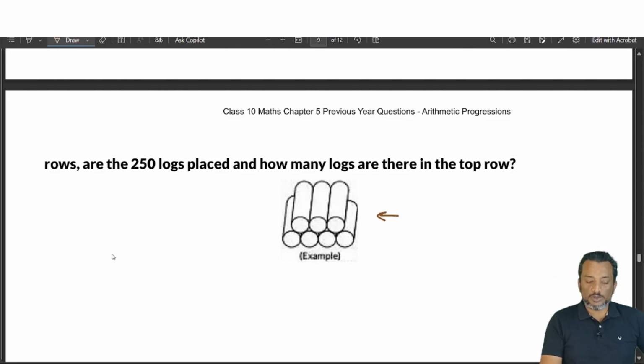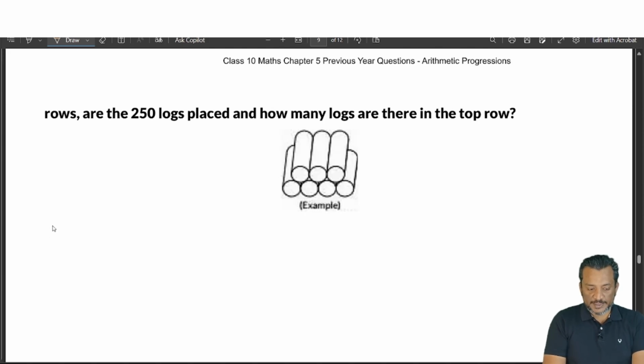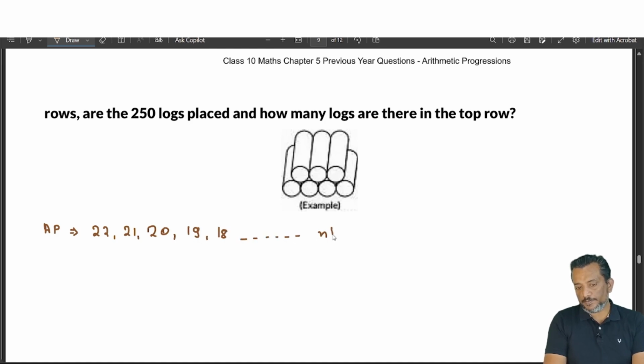So here we have an AP: 22, 21, 20, 19, 18, and it will go up to the nth term. Based on that, we can say A1 is equal to 22.